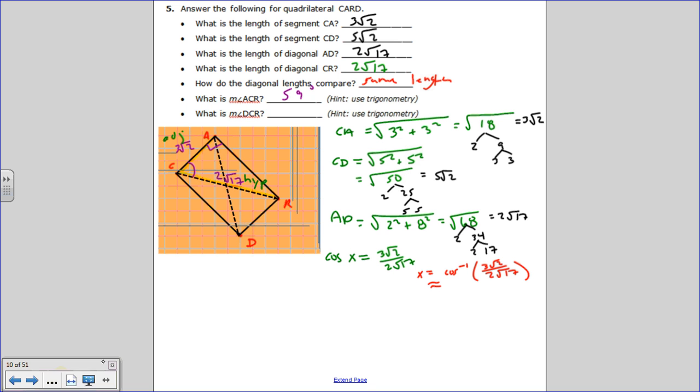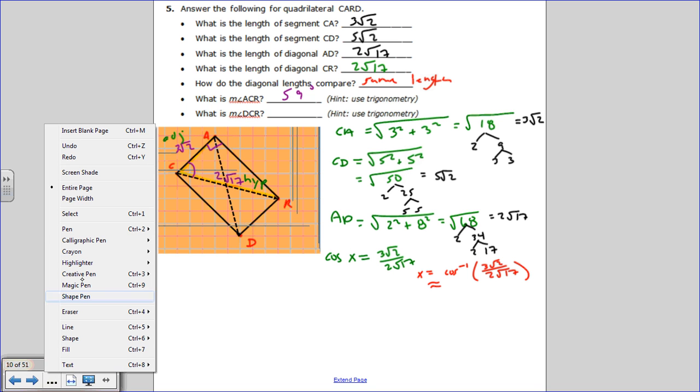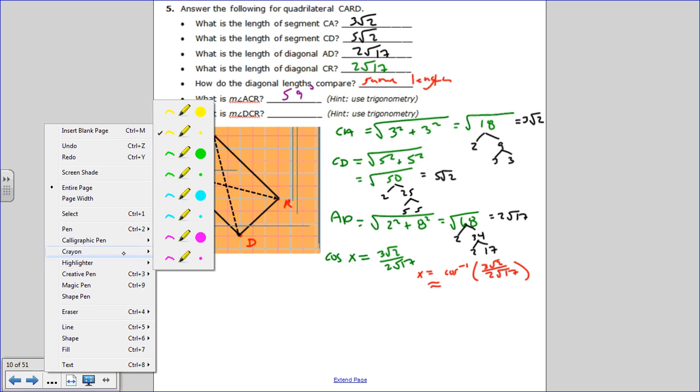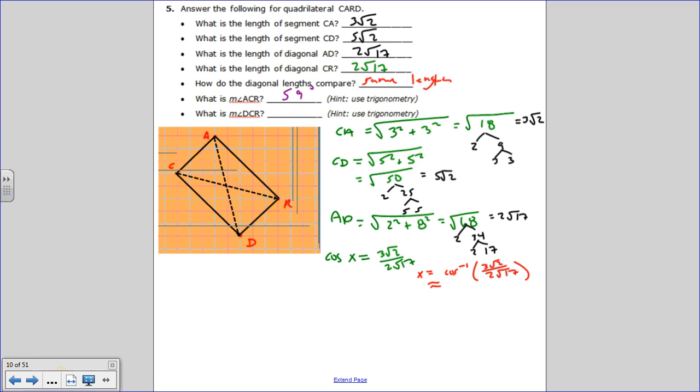Now it wants us to find the measure of this other angle, so I'm going to erase my markings. Okay. Now we're going to look for angle DCR.